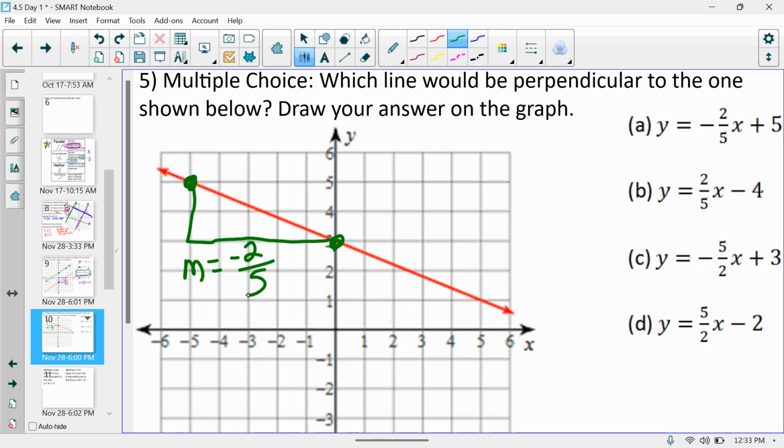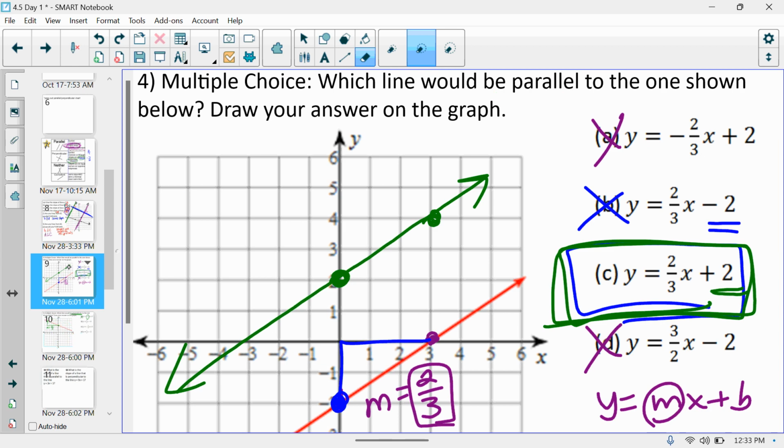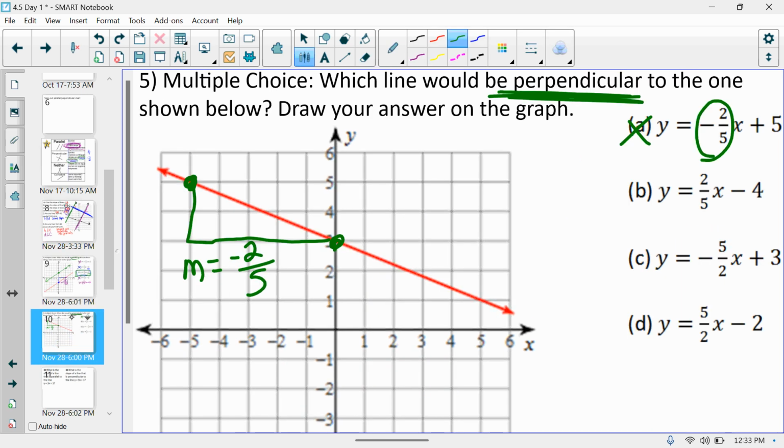Guys, be careful that you don't pick A. That has the same slope, so that would look like this. They would be parallel. The directions said look for one that's perpendicular, not parallel. This is why we have to read really carefully, because on the last one we did parallel. So A would be the answer if it said parallel, but it says perpendicular this time.